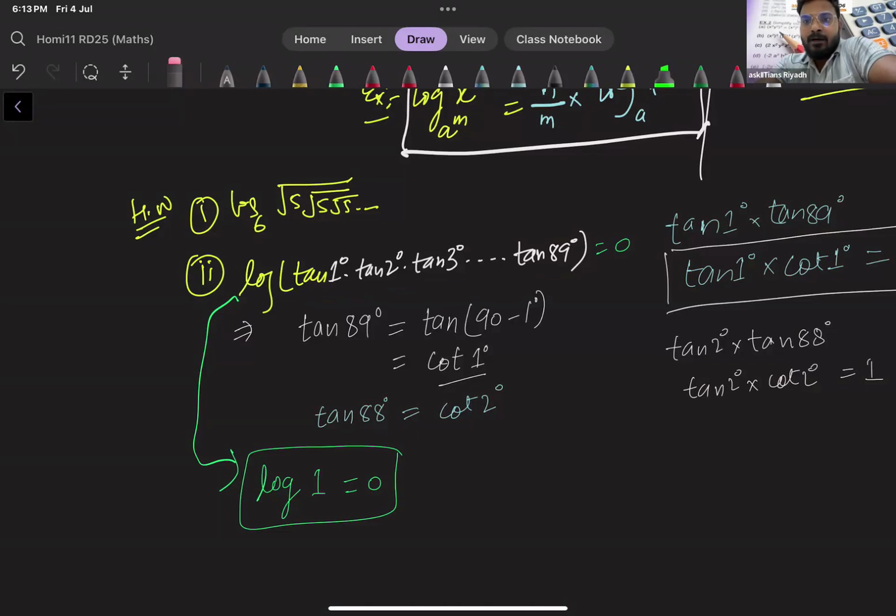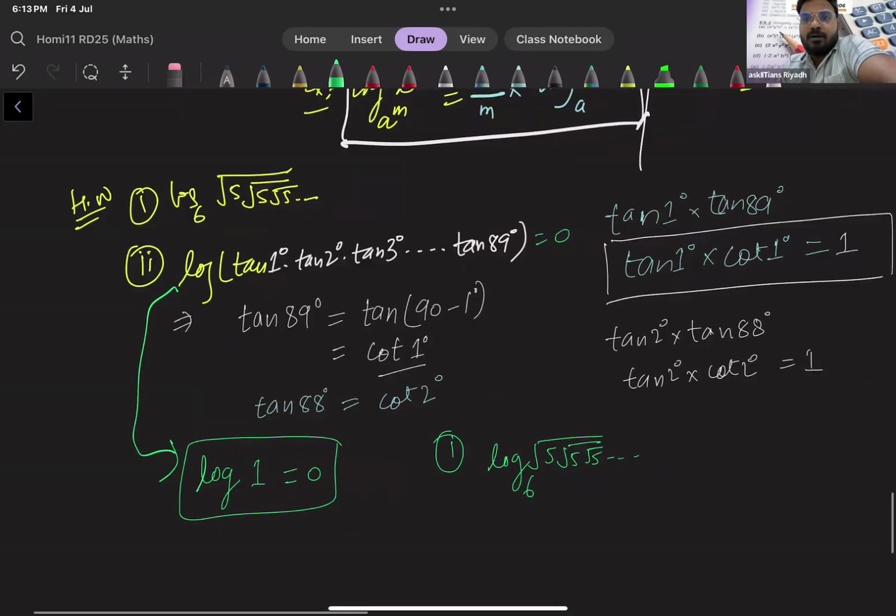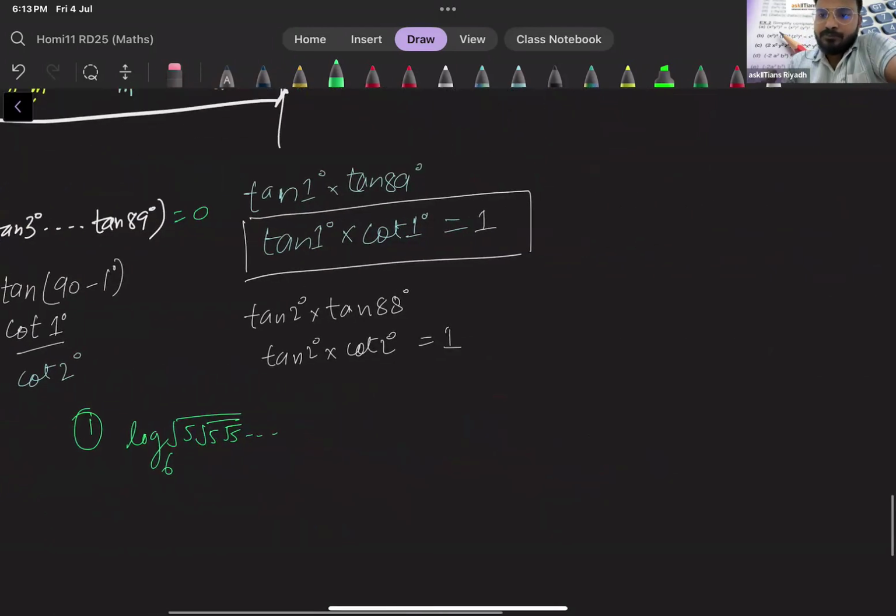Okay? Now, after this, if we talk about the first question, what is the first question? The first question is log of base 6 and the argument is root 5, root 5, root 5, and so on. Correct? So now first listen to me.